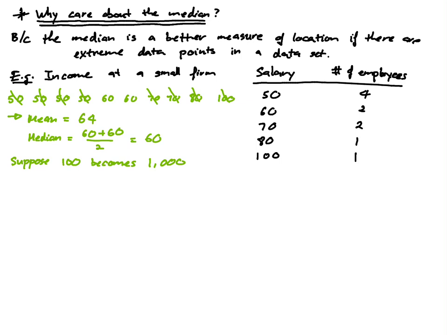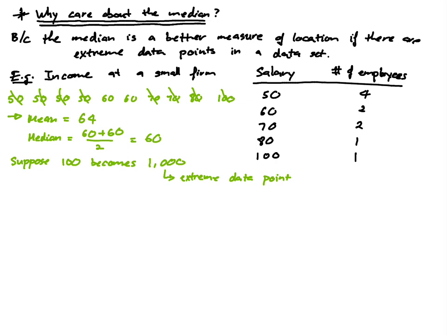Let's calculate our mean and our median in this new data set. Now when 100 becomes 1,000, that 1,000 value is going to be an extreme data point. And the reason it is extreme is because it's so far from the rest of the values in our data set.